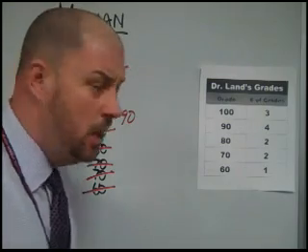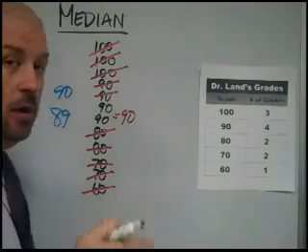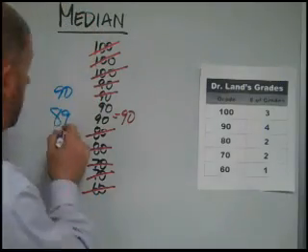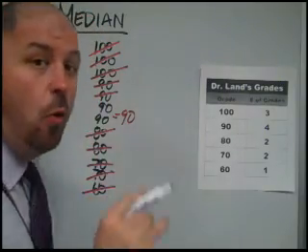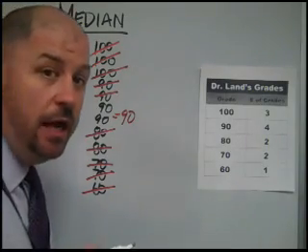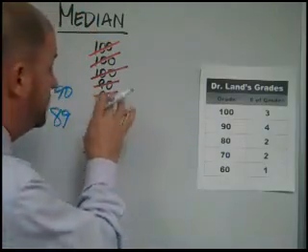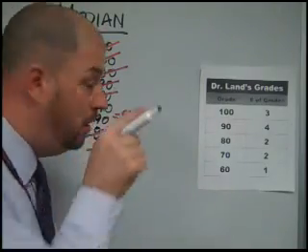What's up with that? Well, now we got to find the middle between 89 and 90. It's going to be 89 and a half, or 89.5 would be the median. Okay? Guys, it's the middle number, median.